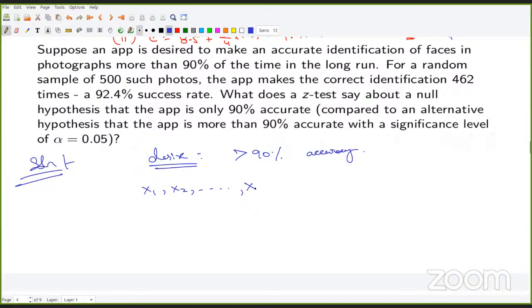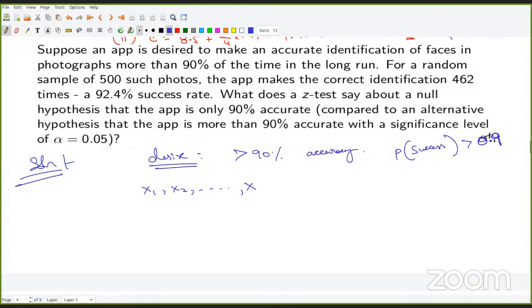So this is actually the probability of success. Probability of success should be greater than 0.9.